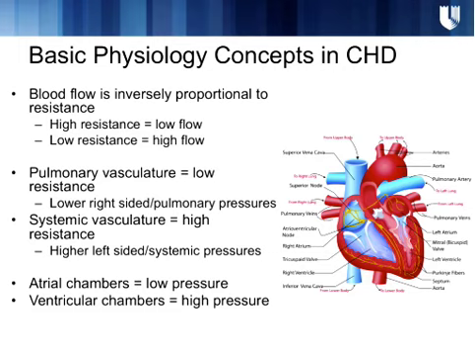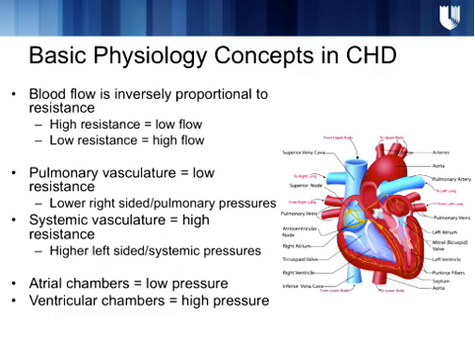A few basic physiology concepts that are important to understanding congenital heart disease will be discussed here. And we'll get into a little more detail in the following slides. So the first is that blood flow is inversely proportional to resistance. So if you have a high resistance circuit, such as the systemic vascular bed, you'll have lower flow.